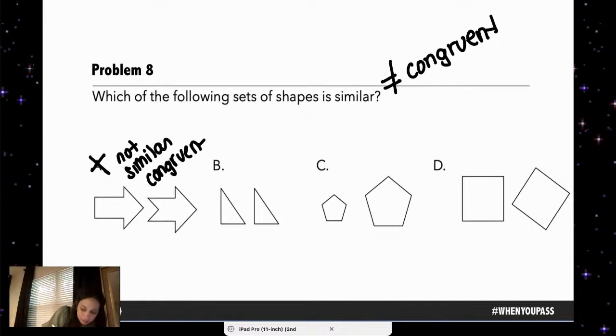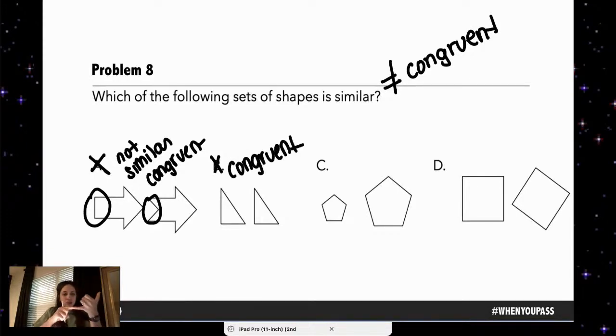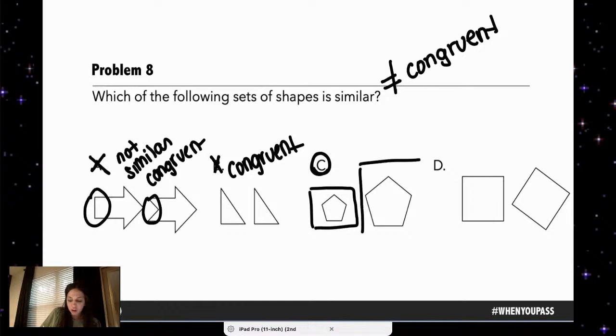So this is not similar because this is not the same. These are congruent because they are the exact same shape, the exact same size. These are similar because we took a small shape and we stretched it proportionally and created a larger version.